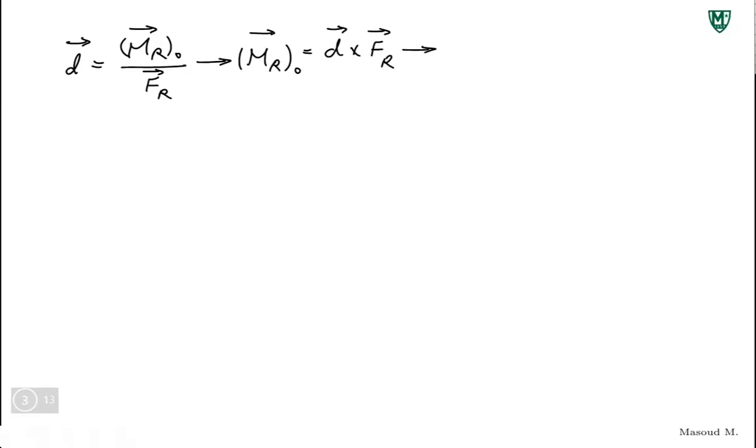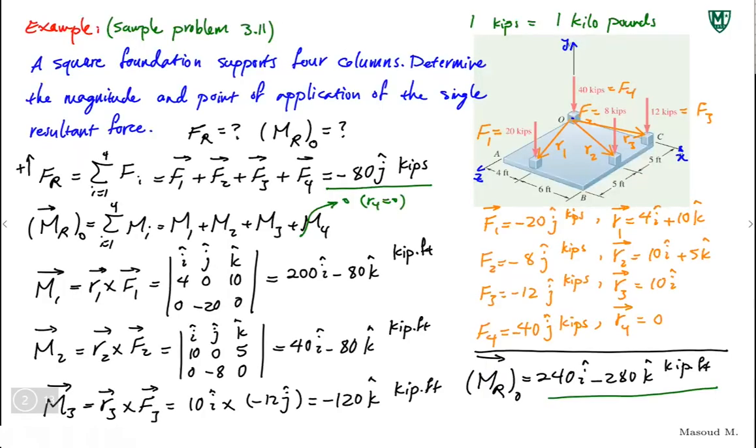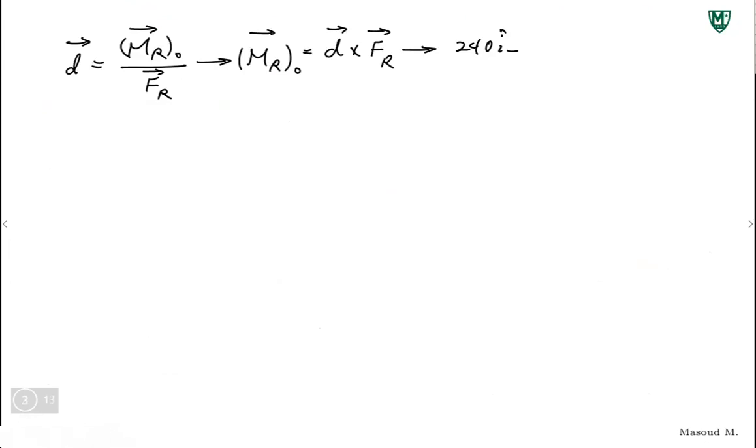MR was 240 I, minus, let me check, minus 280 K. I don't know anything about vector D, so I'll just write it as some unknown vector with unknown components: xi plus yj plus zk. Don't confuse these x, y, z with the xyz we use for the coordinate system.